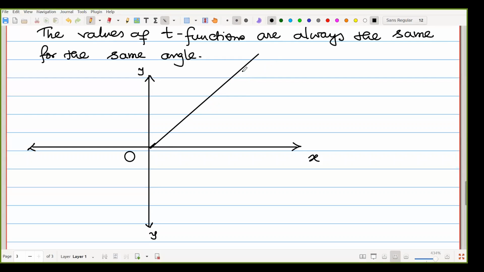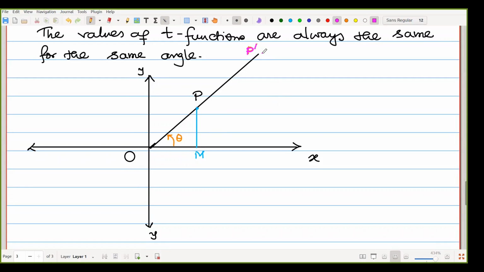Here we have at first the point P, and we have the perpendicular with M. Now always look here, the angle of reference is theta. Suppose another point we have taken, suppose P dash.